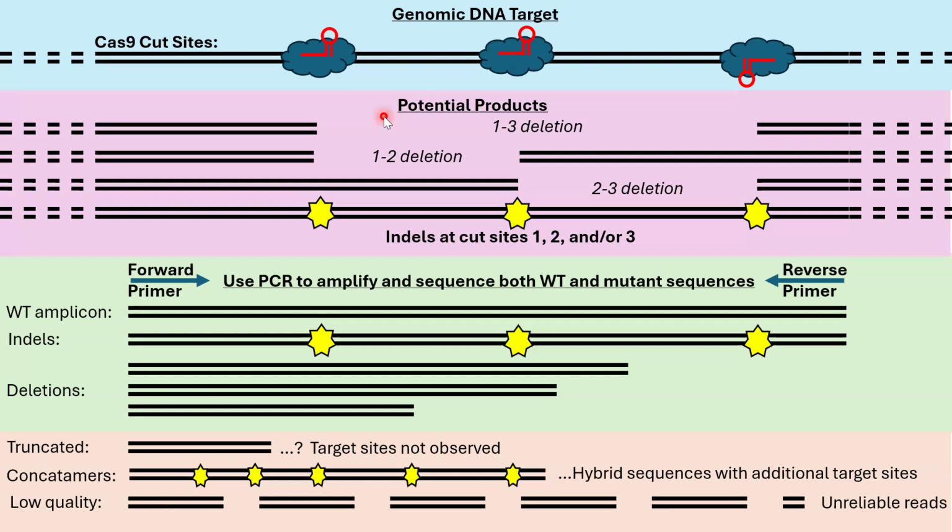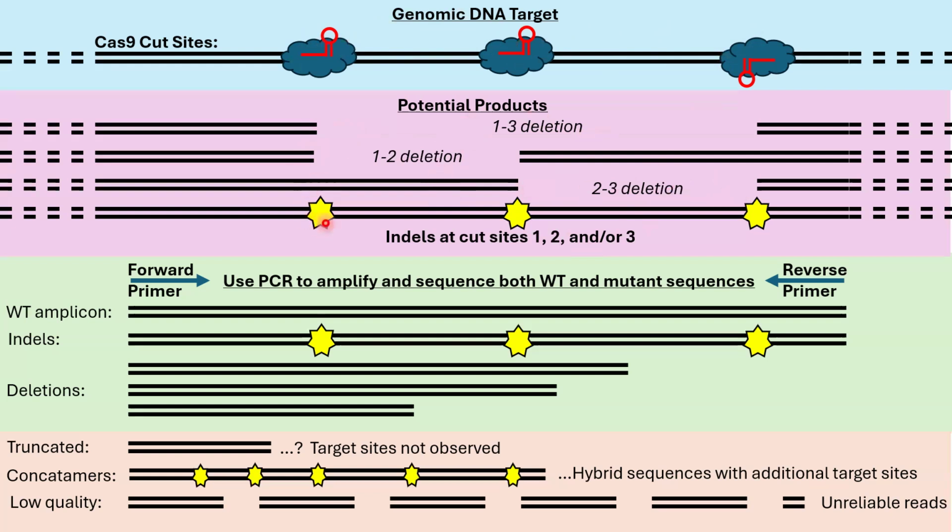So with all that out of the way, here's the type of experiment we're going to analyze today, in which we have a target gene, and we're going to cut it at three different locations using Cas9. So there's going to be the same Cas9 throughout, but then three different gRNAs to cut here at sites 1, 2, and 3. The potential products of that reaction are going to be numerous, right? We could have large deletions between sites 1 and 3, 1 and 2, or 2 and 3.